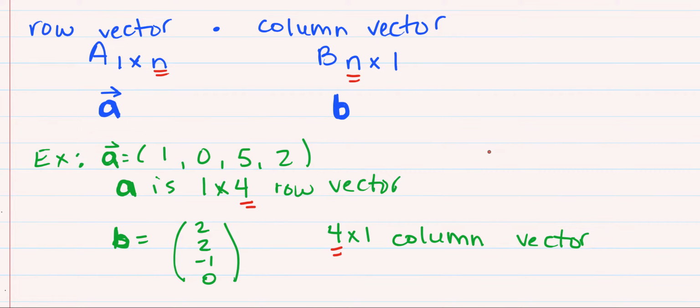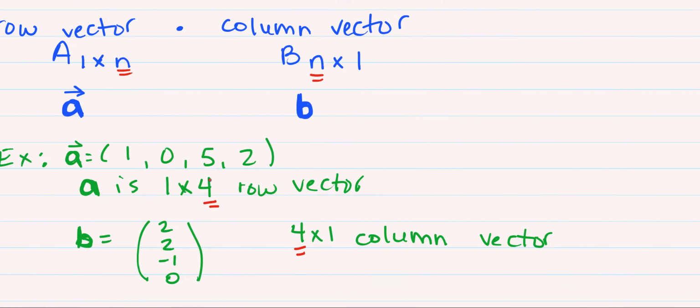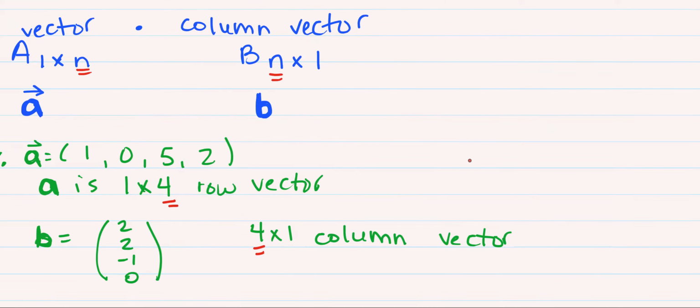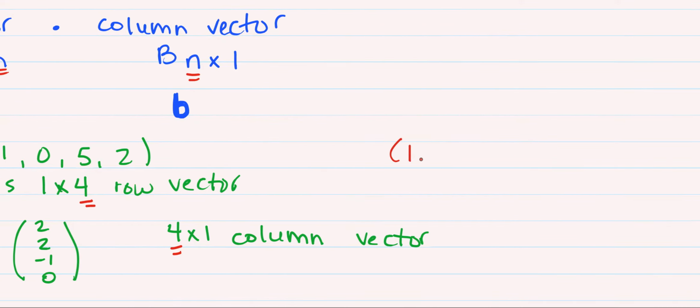When we multiply A times B, let's put it over here: 1, 0, 5, 2 times 2, 2, negative 1, 0.